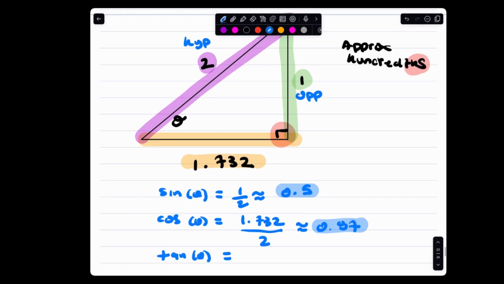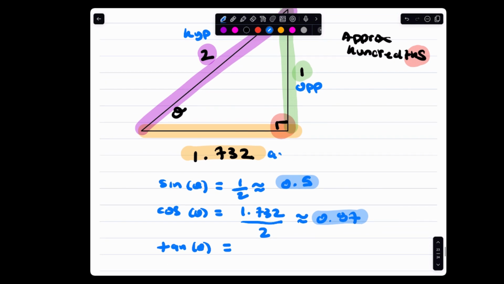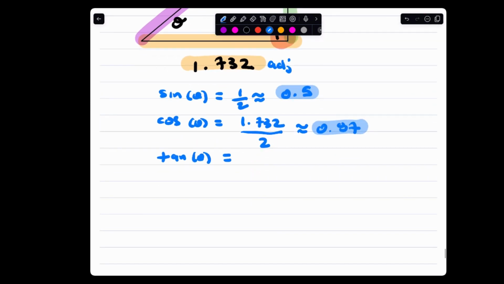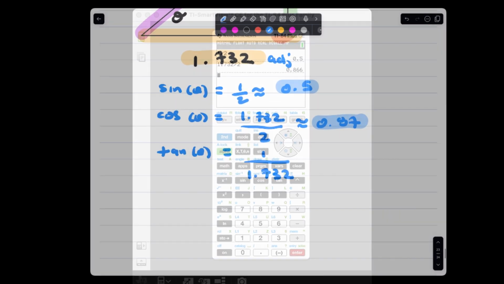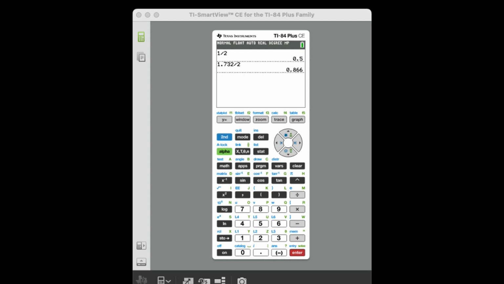Tangent was opposite over the adjacent, so that's 1 divided by 1.732 now. Is that true? Did you guys see this here? So in the TI now, what would you do? You would say 1 divided by 1.732.